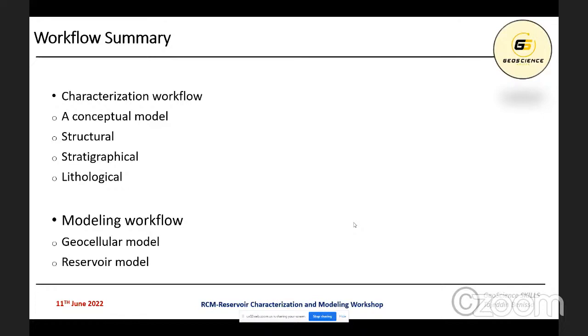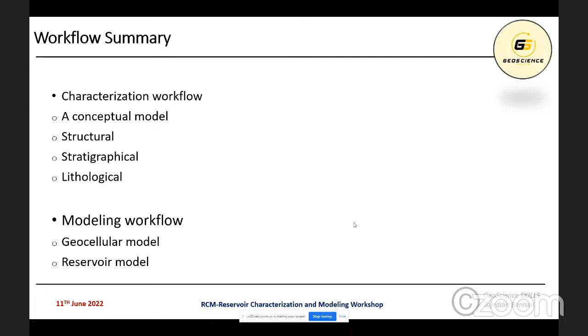matching the concept. So you are making a concept and then you build a model that matches the concept, which you think is the reality below in the subsurface, with some degree of uncertainty, because it's subsurface, there's no 100% exactly right, so there's always uncertainty. After that you come to the modeling workflow we talked about earlier.